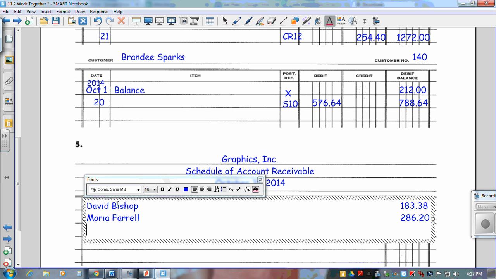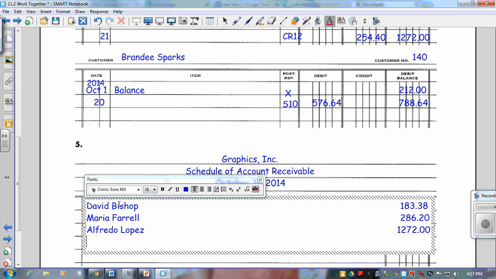The third account is going to belong to Alfredo Lopez, and he owes $1,272. And our fourth account belongs to Brandy Sparks.